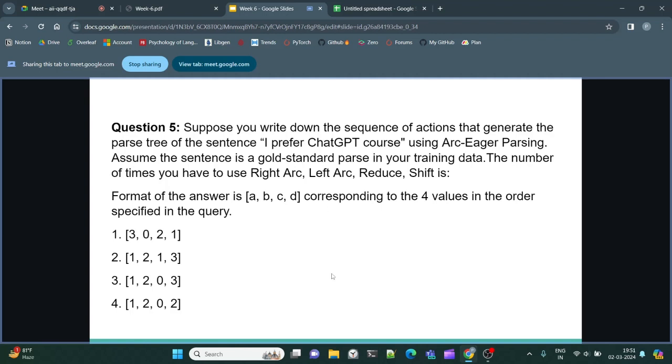Based on that, you have to do the transition-based dependency parsing and find out what transitions you need to do at each step. Please try this problem once. This is a very short sentence, an easy problem. Once you're done with the solution, post your solution in the chat and we'll take it up in a couple of minutes.